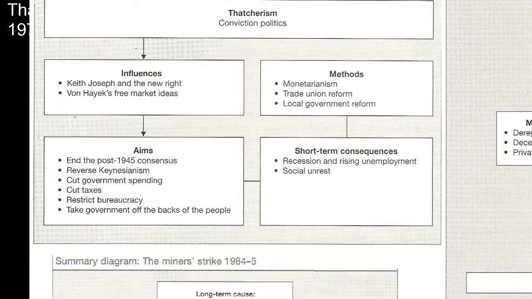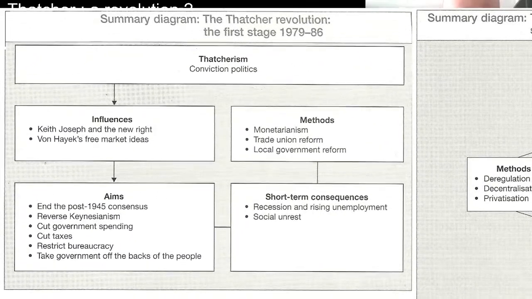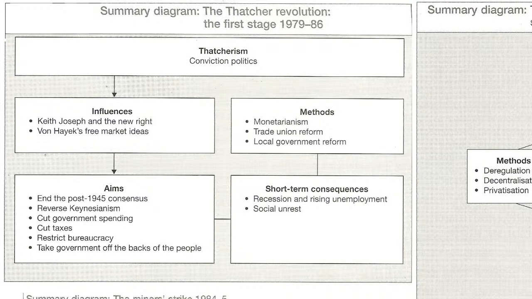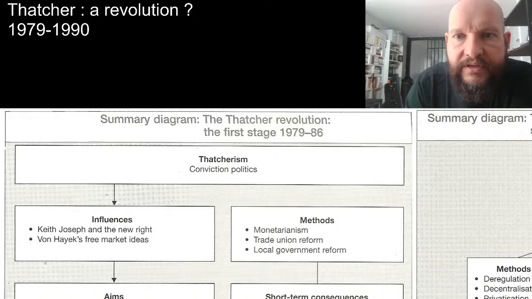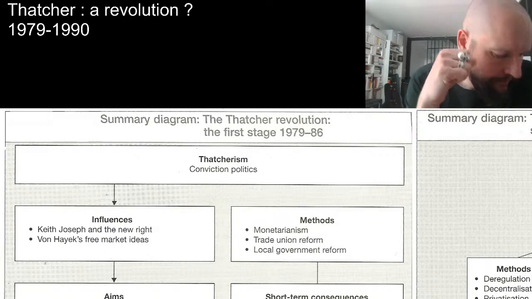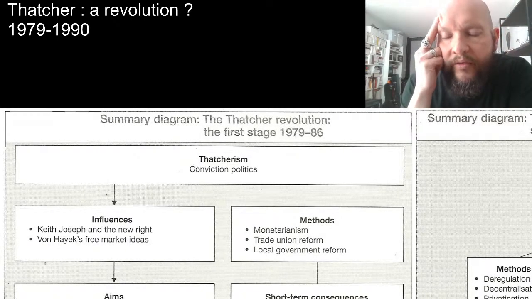Right. I'm showing you this, and once again, you'll get this in the amount of paper that you will receive on Moodle. If there was a Thatcher revolution, it was firstly that she was a person of conviction.